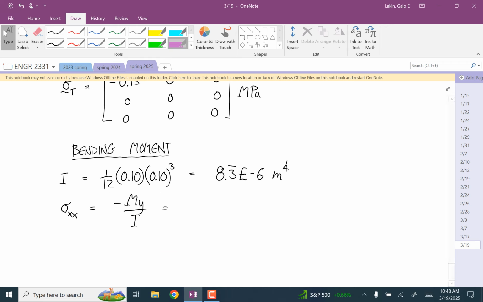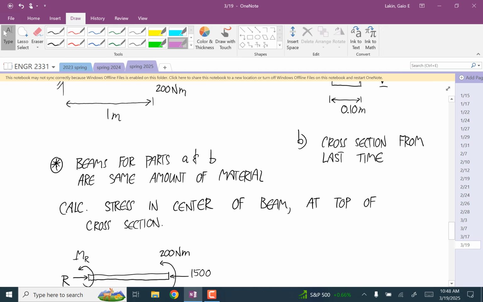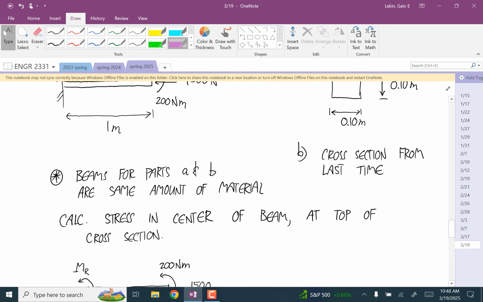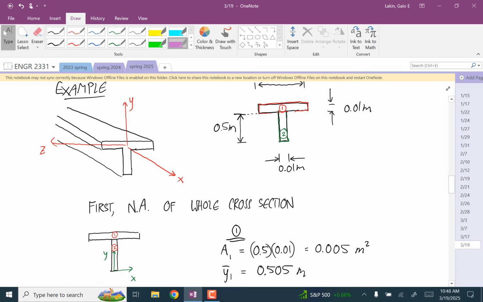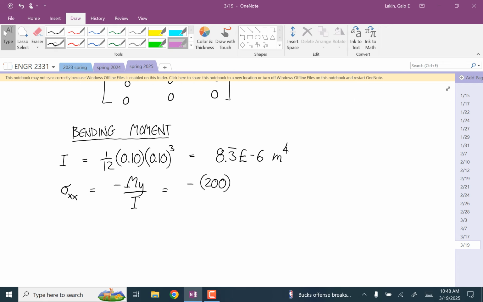Our M is positive, so we have negative 200 times y. We're calculating this at the top of the beam. So y is the height difference from the centroid of that square to the top, which is 0.05. And then divided by the area moment of inertia of that whole cross section.